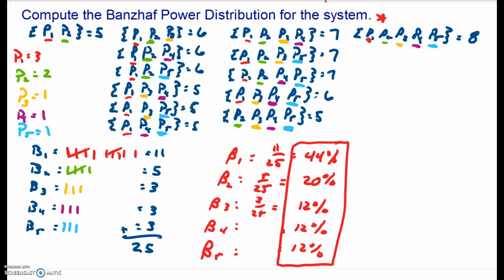What this 44% means is that 44% of the times that player 1 is involved in a critical situation, in a critical coalition, his vote counts. Player 2's vote counts 20% of the time. Players 3, 4, and 5 each, their votes count 12% of the time. So that's what the Banzaf power distribution does for us.